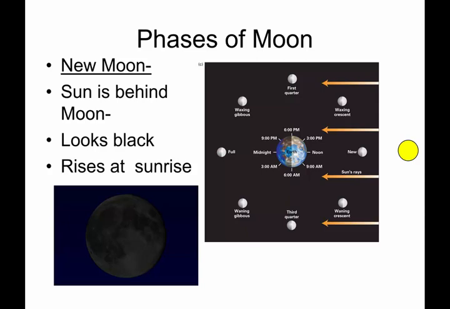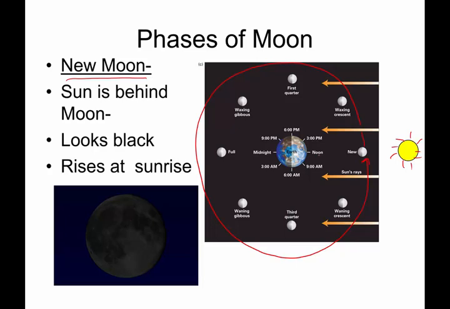Now, the first one is the concept of a new moon. During the course of a month, our moon is going to be orbiting around the Earth. I'm sure you're aware of the fact the moon orbits around the Earth. The sun is a long distance away, and it is aiming light in our direction.